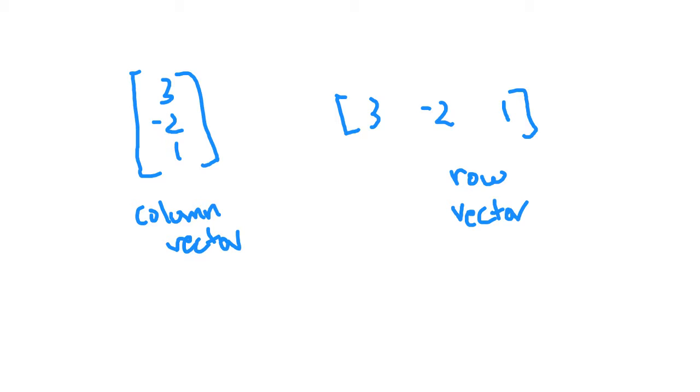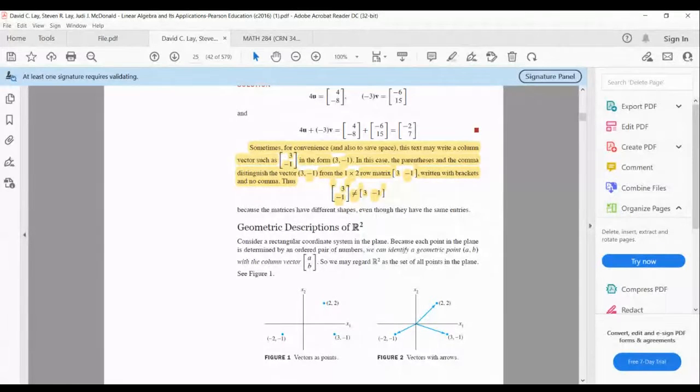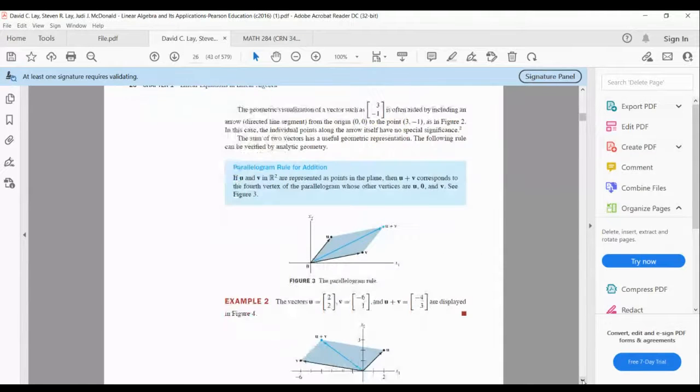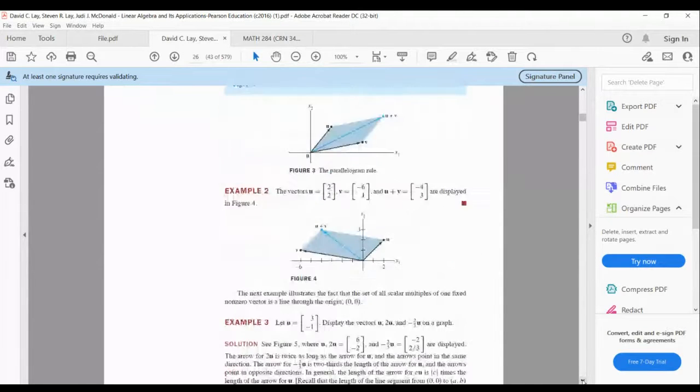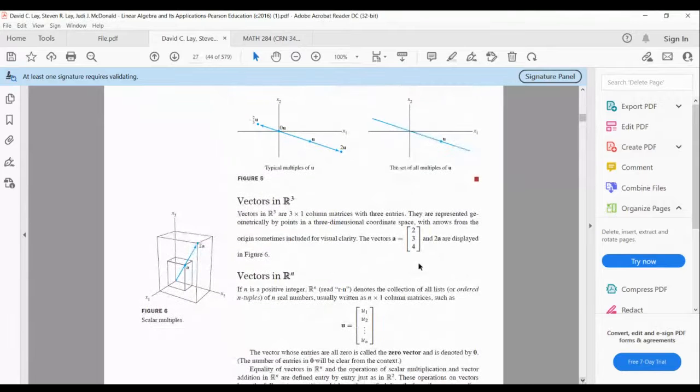Okay, very good. In courses like multivariable calculus, you'll deal with two-dimensional vectors and then three-dimensional vectors as well, vectors in R3. If you have vectors in R3, then you have 3 entries in the column vector.